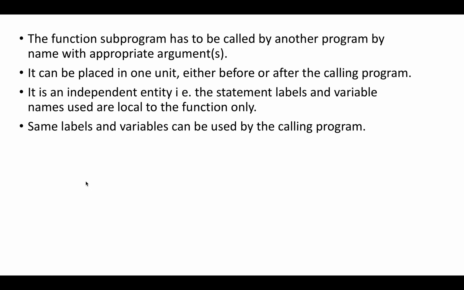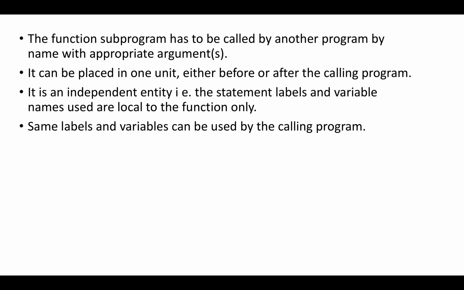Now the function subprogram has to be called by another program by name with appropriate arguments. It can be placed in one unit either before or after the calling program. The calling program is the main program. It is an independent entity, that is, the statement labels and variable names used are local to the function only.